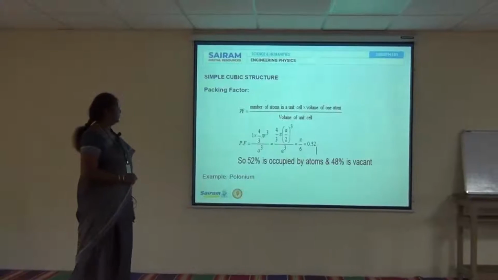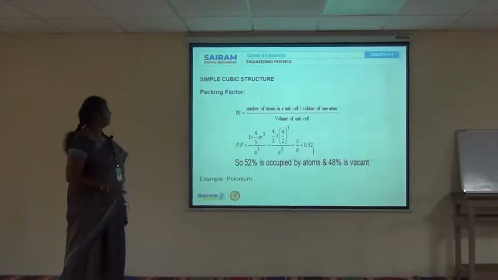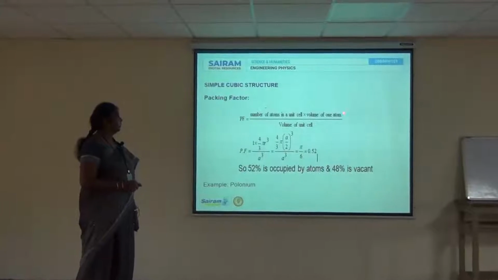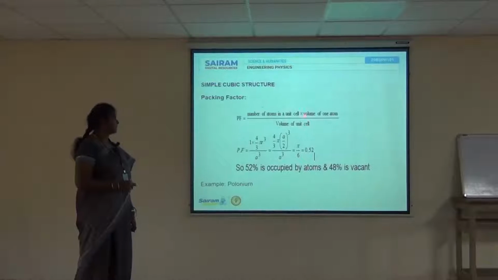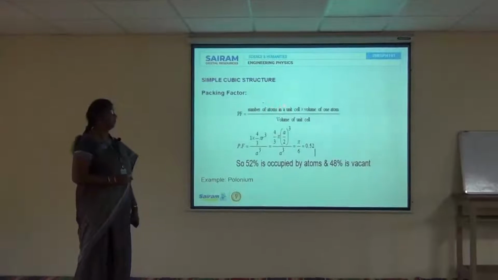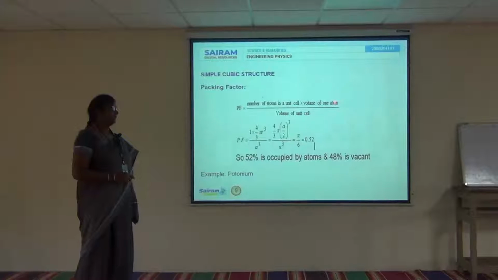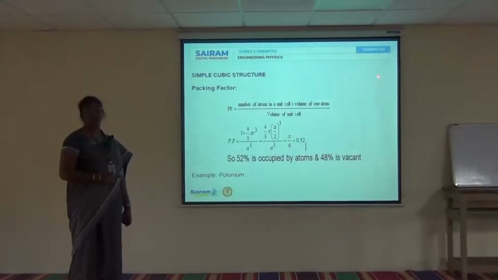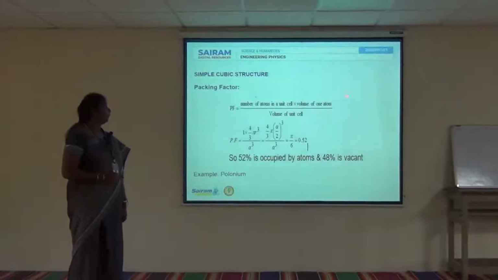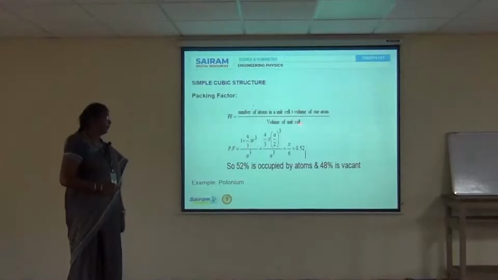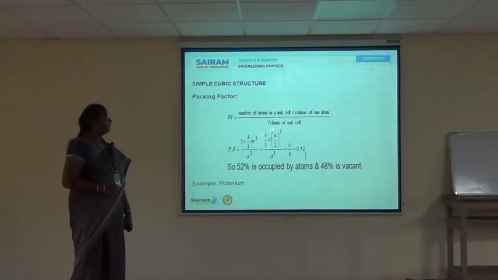And finally, we are going to find the packing factor. The definition of packing factor is the number of atoms in the unit cell times the volume of one atom divided by the volume of the unit cell. We have calculated that the number of atoms in a unit cell is 1. For the volume of one atom, we assume the atom is a perfect sphere, so its volume is 4 by 3 pi r cube. The unit cell is a cube, so its volume is a cube.